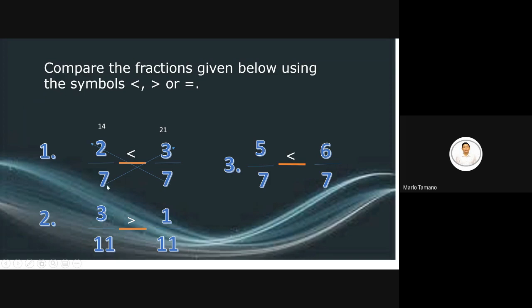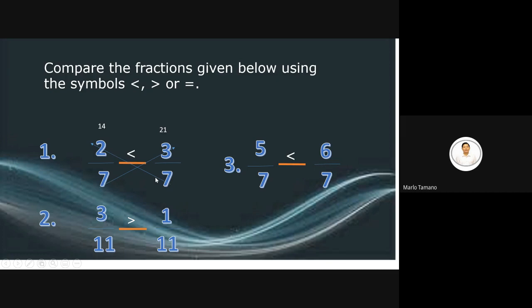So in comparing similar fractions, all you have to do is look at the numerators. The greater numerator, the larger or greater fraction. Ibig sabihin, yung 3/7 po ay mas mataas kaysa 2/7. Since 2/7 is being compared with 3/7, less than po ang ating symbol.